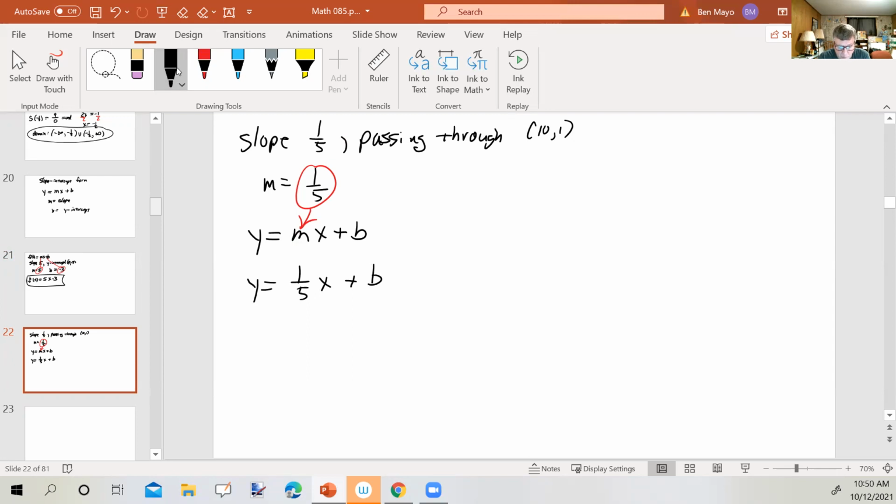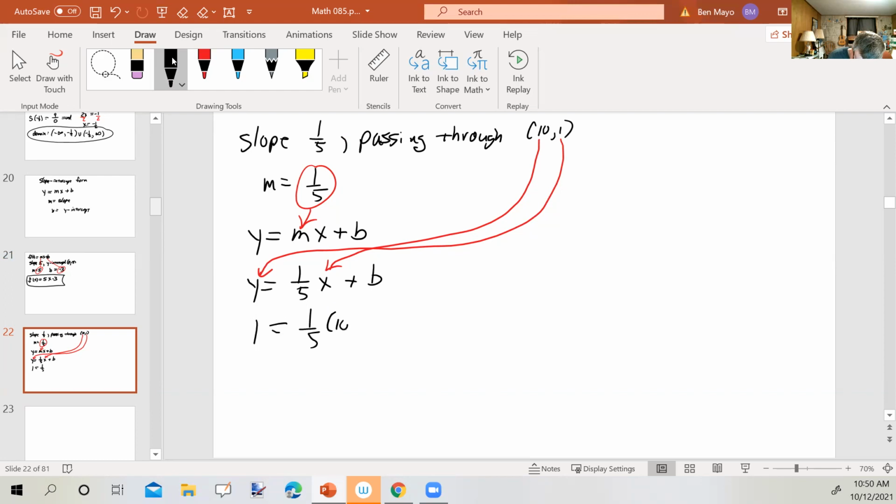However, I do have an ordered pair that's on the line where the x value is 10 and the y value is 1. So I can take the 10 and put it in for x and the 1 and put it in for y. And I get the following information. 1 equals 1/5 times 10 plus b. 1/5 times 10 reduces down to 2.